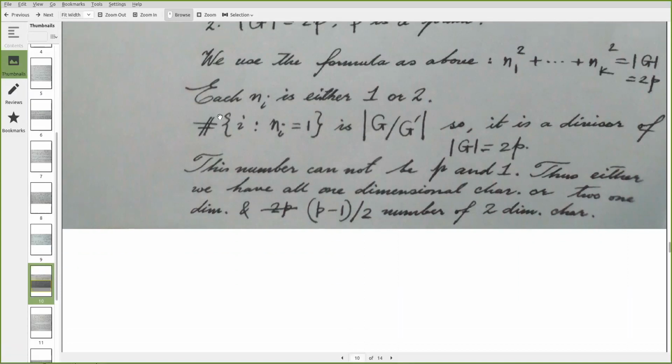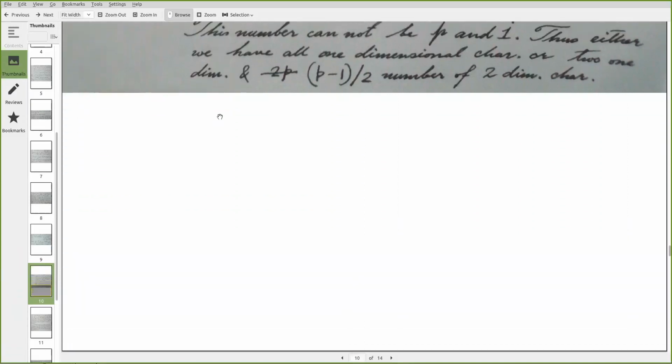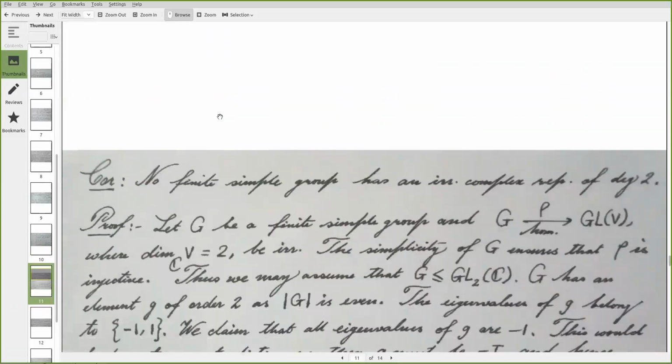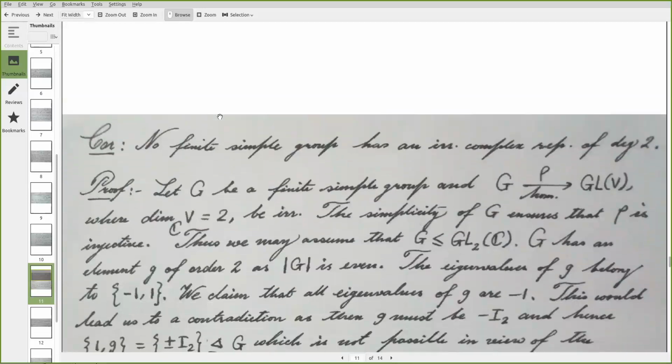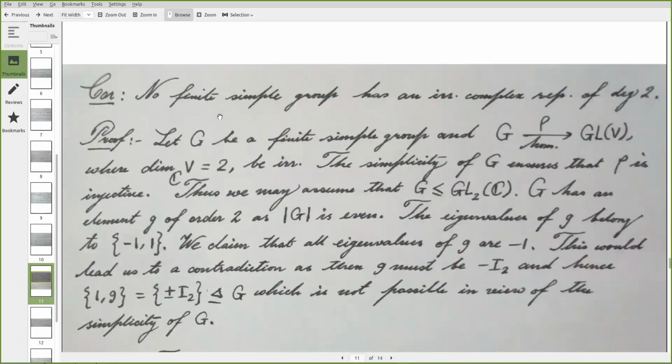All right. Now we will see a significant application of the dimension theorem. As I have already told you, the representations and characters of a group actually provide quite important information about the structure of the group.